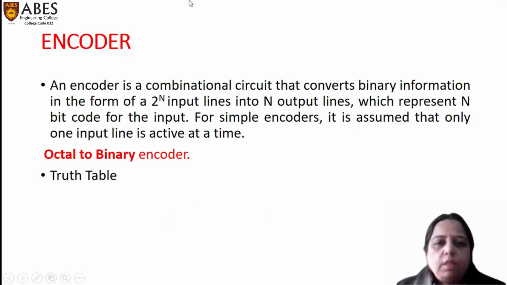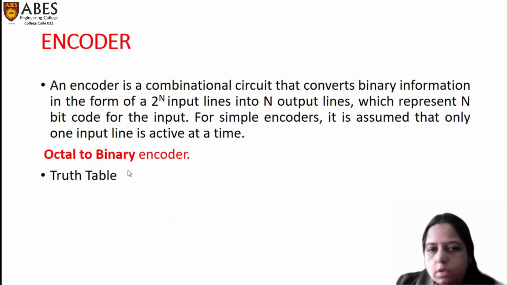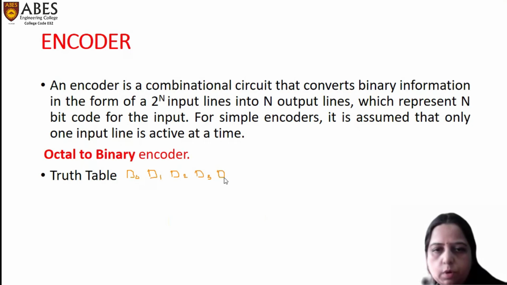So we will start with the octal to binary encoder truth table. The truth table will have 8 inputs, that is D0, D1, D2, D3, D4, D5, D6, and D7.